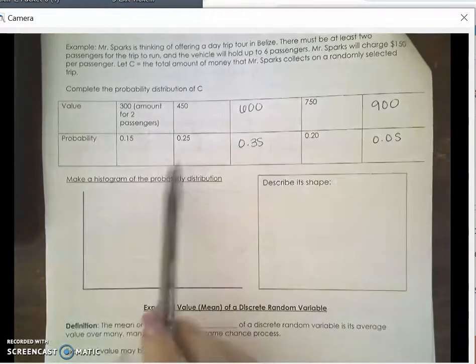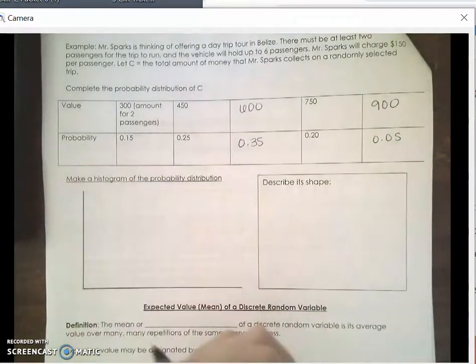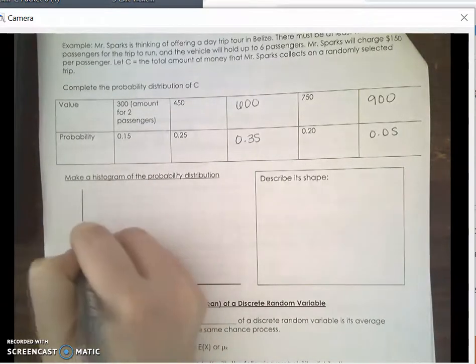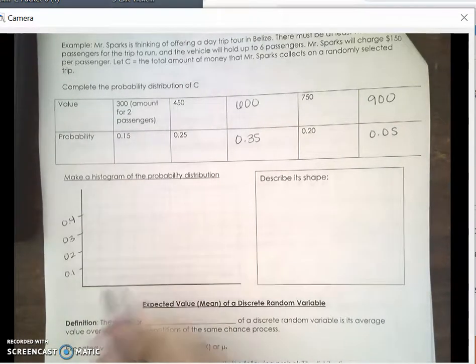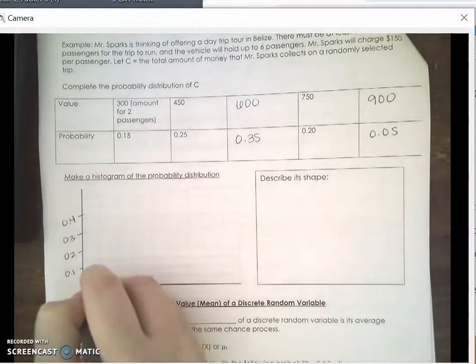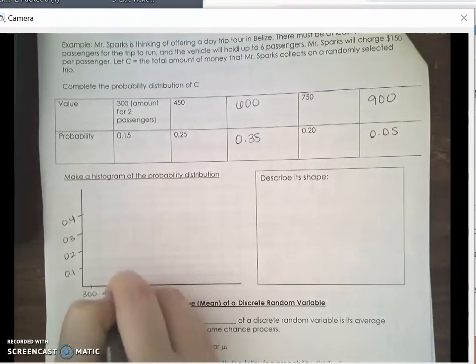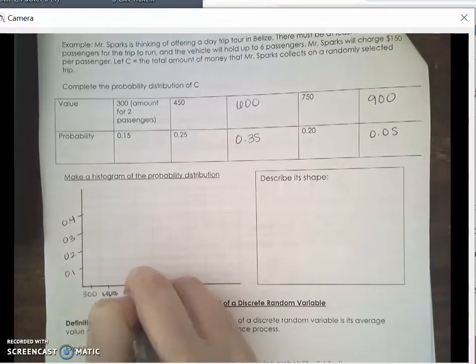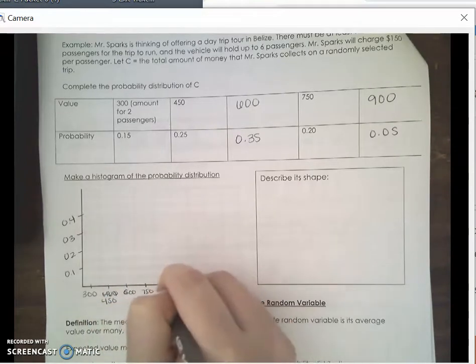All right, so the first thing we need to do is create a histogram of this data right here. We'll just do the same thing as last time, 0.1, 0.2, 0.3, 0.4, and then we'll do 300, 450, 600, my brain's on spring or fall break too, I guess, 750, 900.